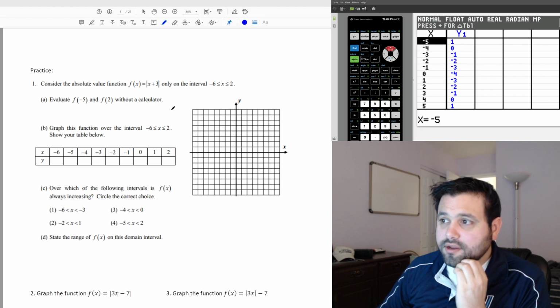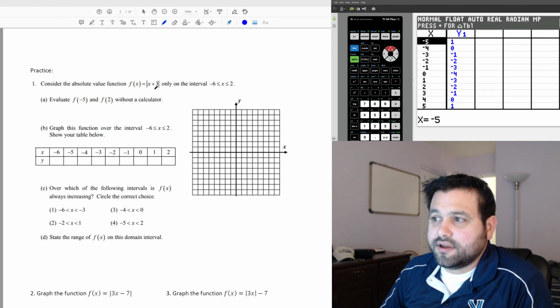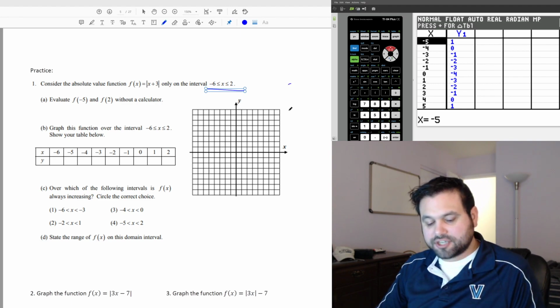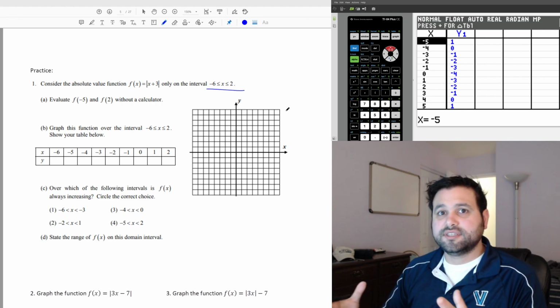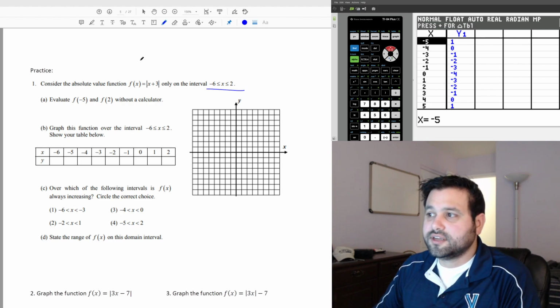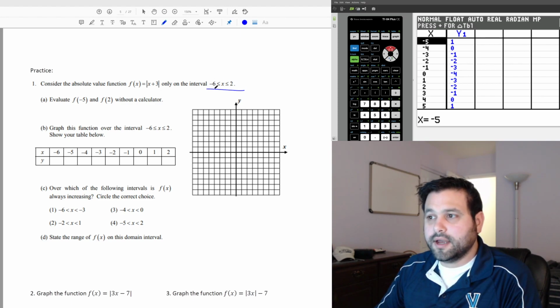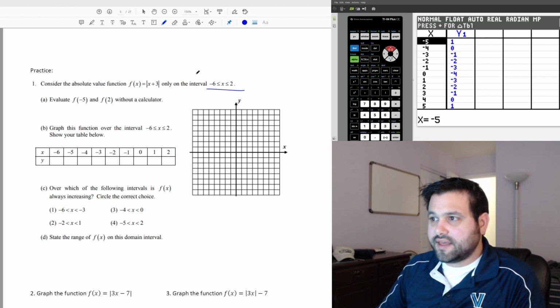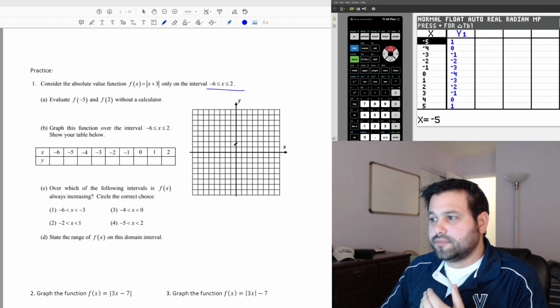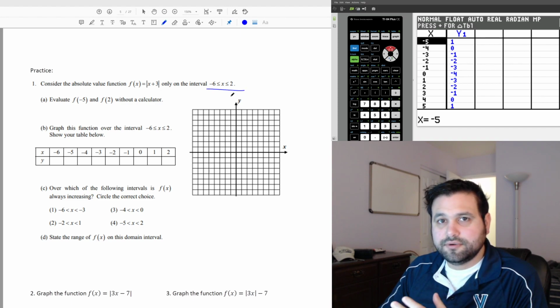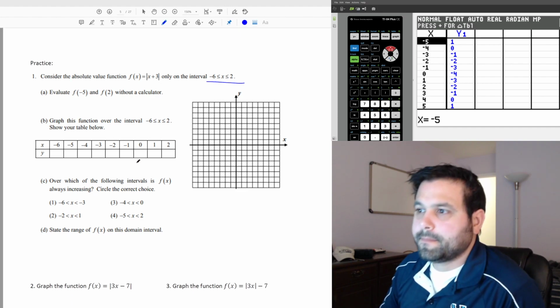In number 1, we're graphing an absolute value function on a specific interval, so we're not actually plotting all the points on our calculator. We're only plotting the points from -6 to 2 and everything in between it. Okay, so I would say go ahead and try that, plug it in your calculator, plot the points only from -6 to 2 on the x, and see if you can answer those questions. Okay, and I'll go over them.